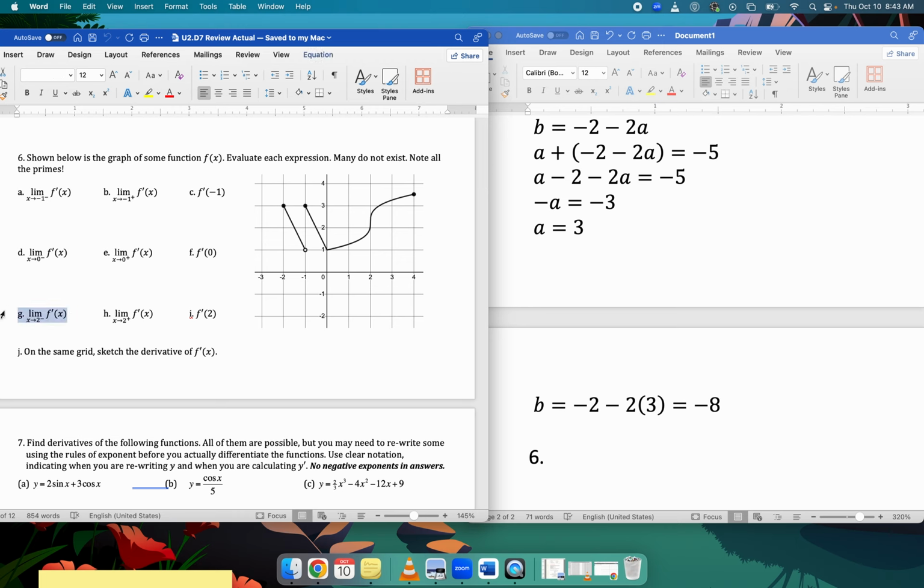G, limit as x approaches 2 from the left. F prime, I think that's infinity, right? This is a vertical tangent line here. As you get closer and closer to 2 from the left, that slope is getting closer and closer to positive infinity, right? So yeah, I'd say that's positive infinity. From the right, what is the slope doing?